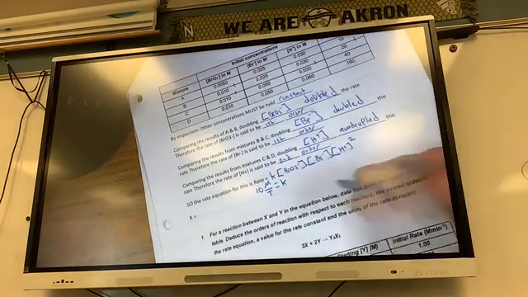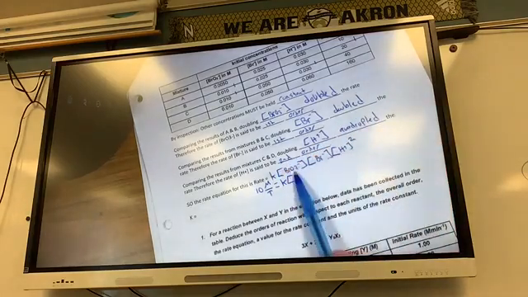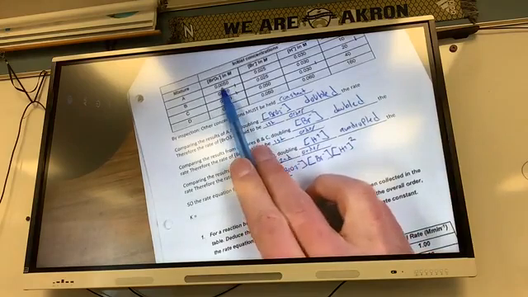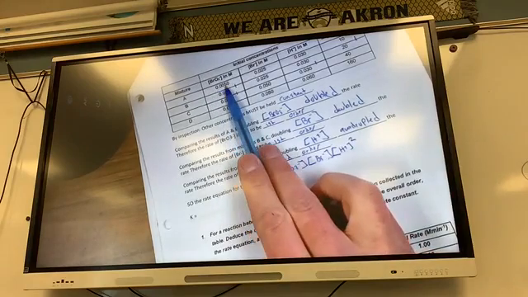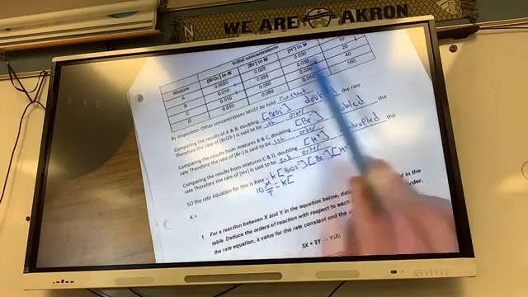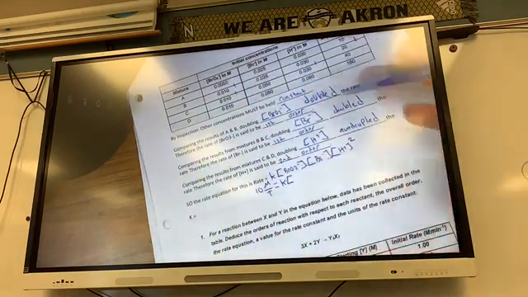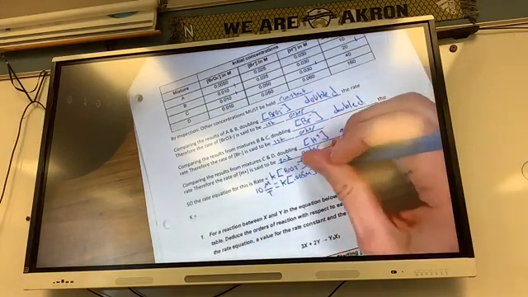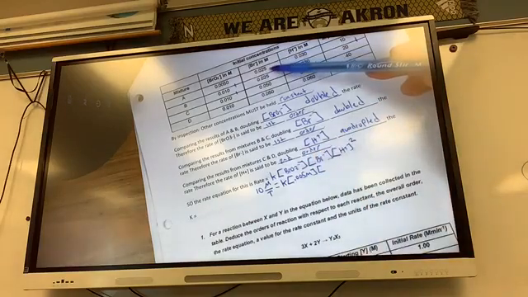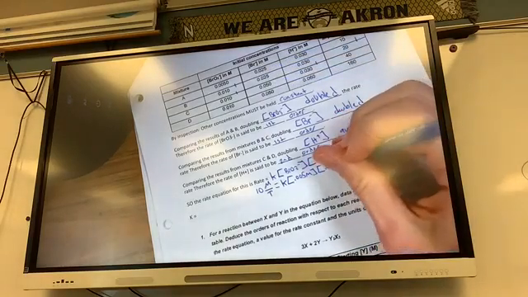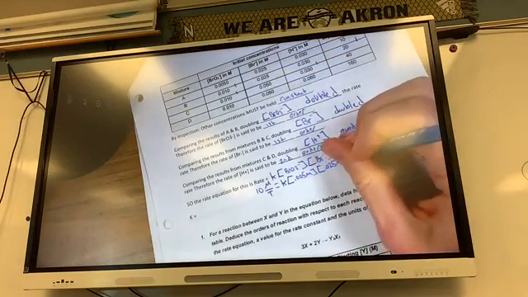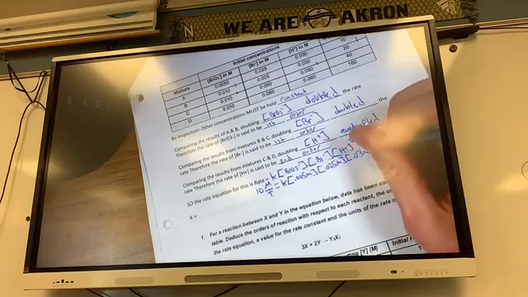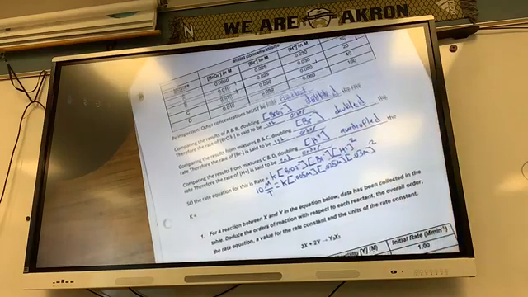Times, sub in your concentration of BrO3, which is 0.05 molar, right? You guys see I'm just using the first trial? Okay. So times 0.005 molar times concentration of Br, which is 0.025 molar, times concentration of H, 0.03 molar, but that has to be squared.